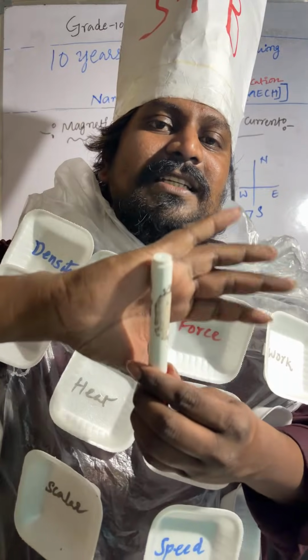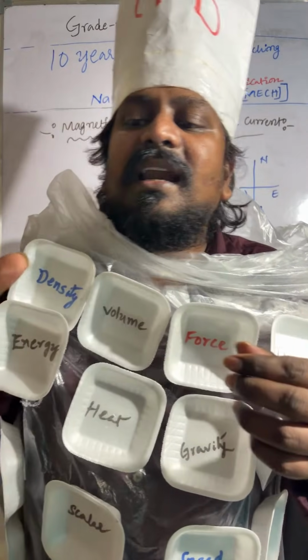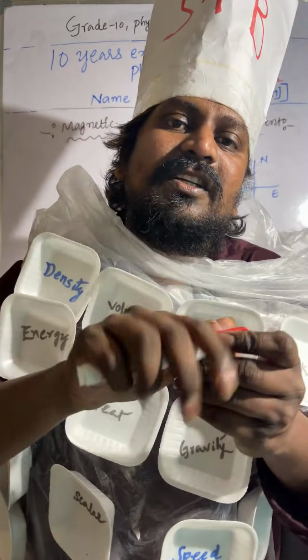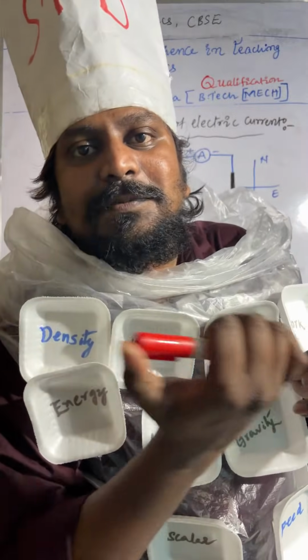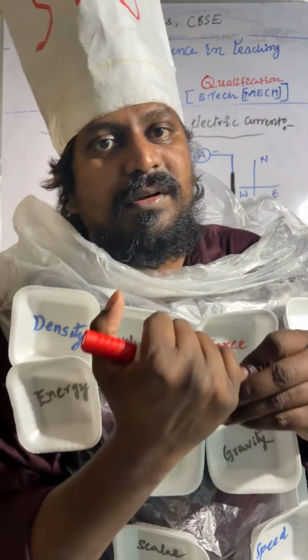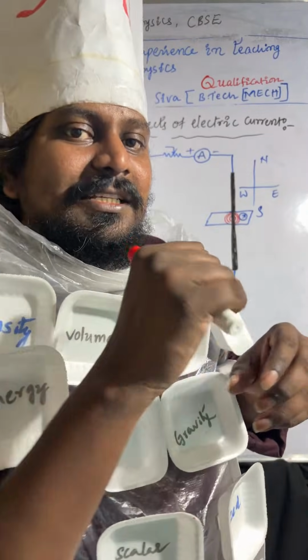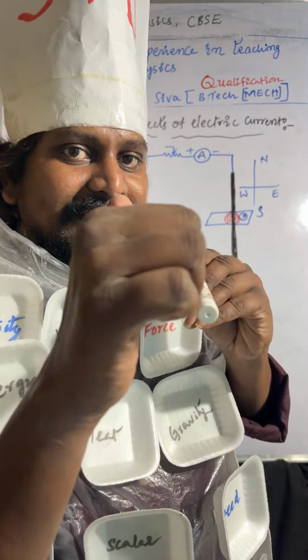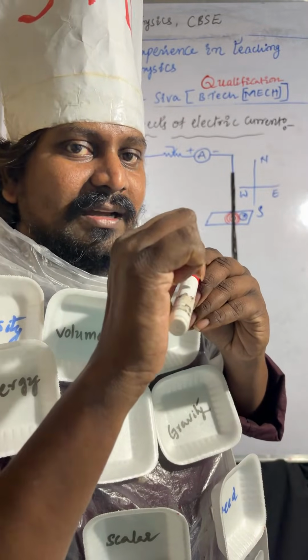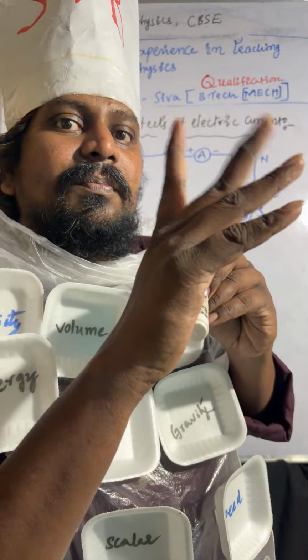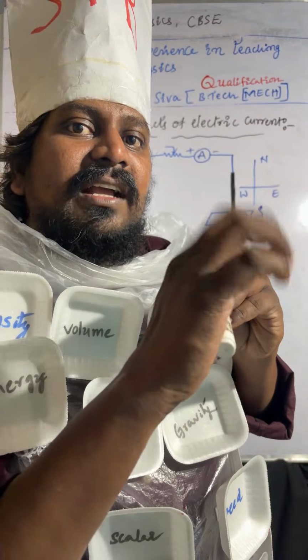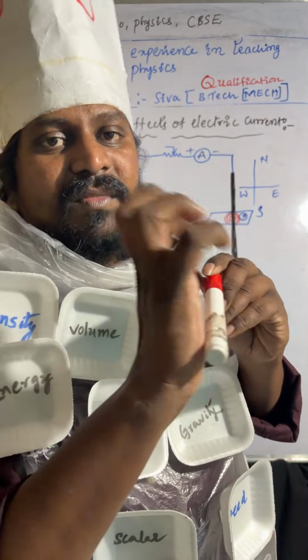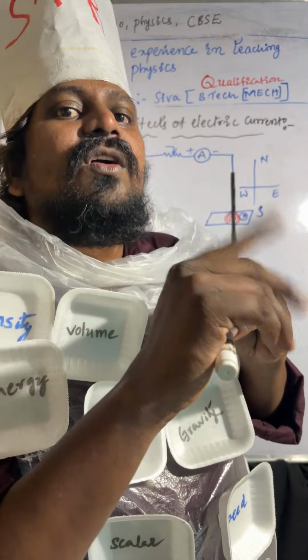If the current is passing downward, the magnetic field will be the other way. If the current is passing towards me, and you place the thumb along the current carrying direction, then the magnetic field direction is clockwise.